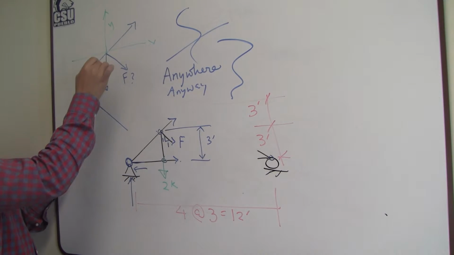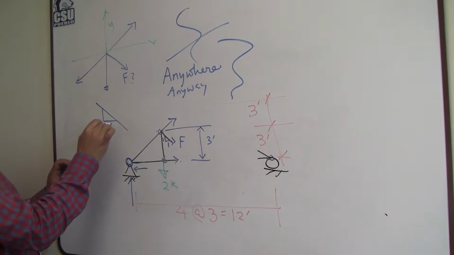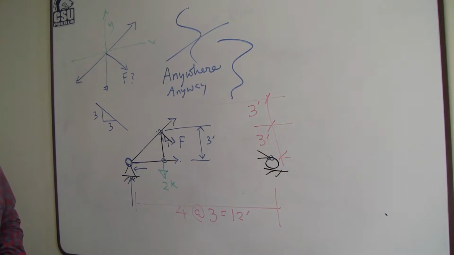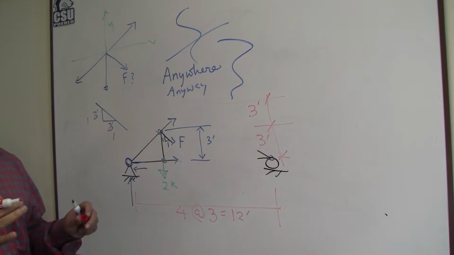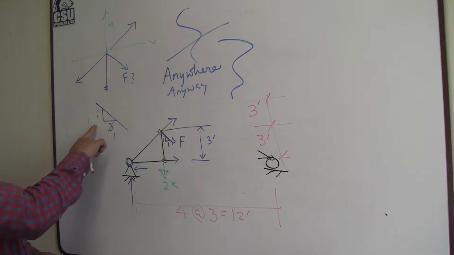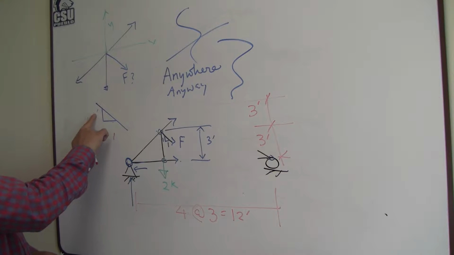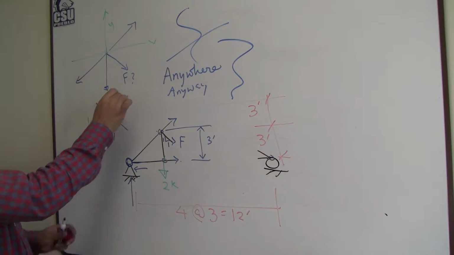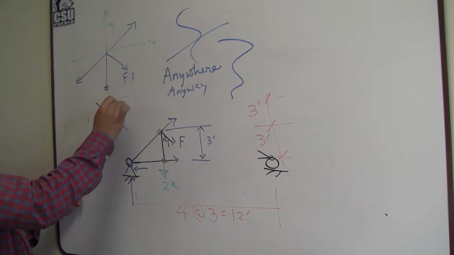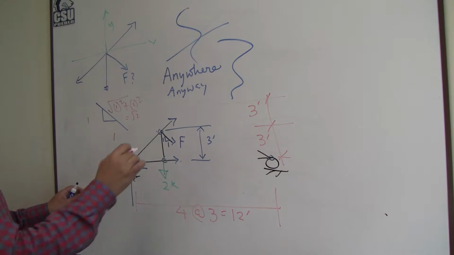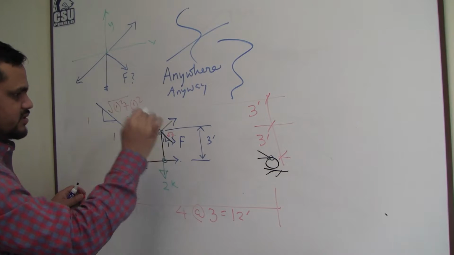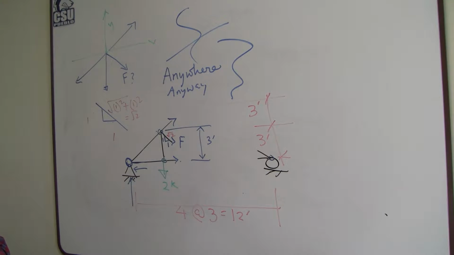So the slope of this line was 3, 3, or if I cut it to 1, 1, make it simple. Then this will be square root of 1 squared plus 1 squared, equals square root 2. So simply my hypotenuse is square root 2. Okay, then I will apply moment here.